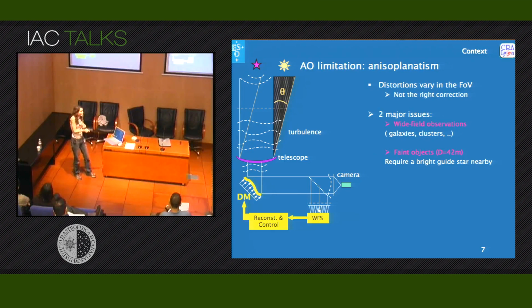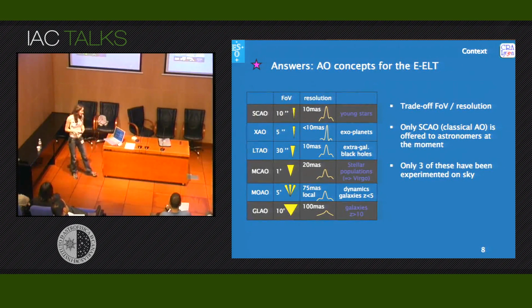So for this, many adaptive optics systems and concepts have been designed for the European ELT, and they all have strange names like SCAO, XAO, LTAO, MCAO, MOAO, GLAO, which are all a trade-off between the field of view you want to correct for and the quality of the correction. As soon as you increase the field of view you are correcting for, you will degrade the quality of the correction.